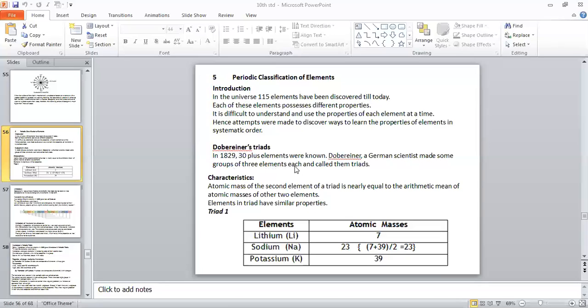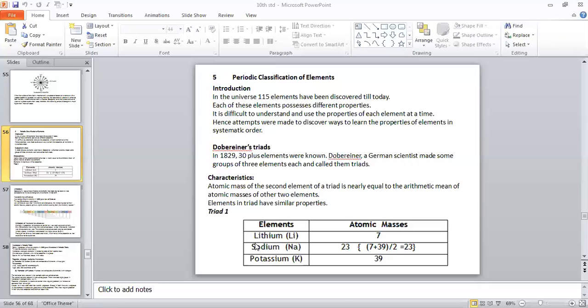This group of three elements is called a triad. The characteristic is that the atomic mass of the second element of a triad is nearly equal to the arithmetic mean of the atomic masses of the other two elements. Elements in the triad have similar properties.